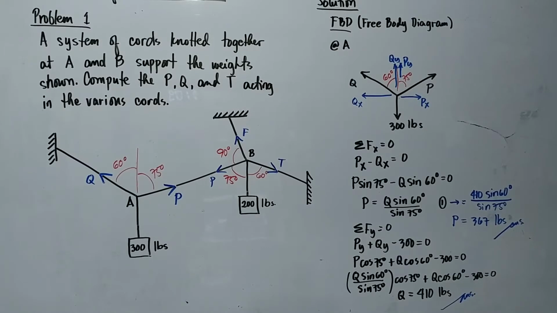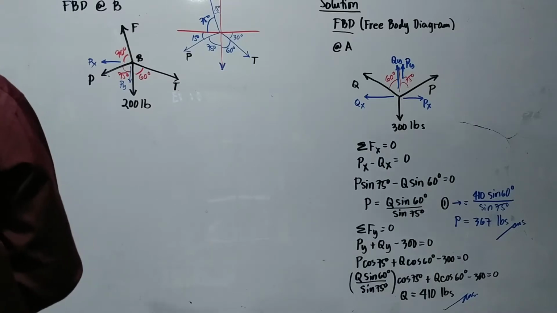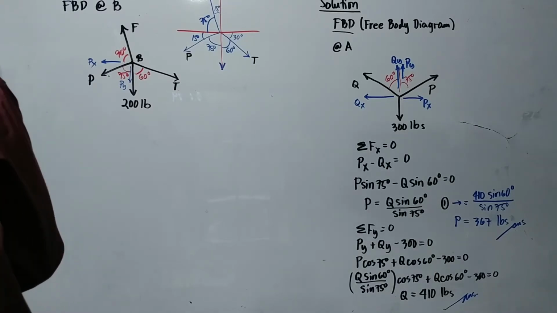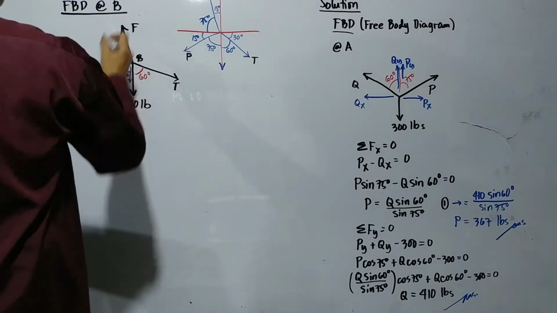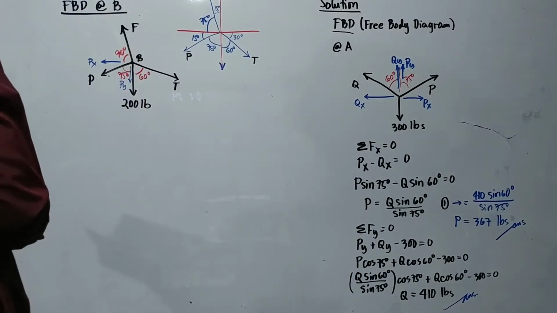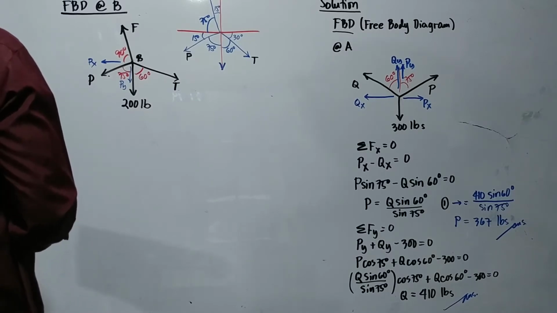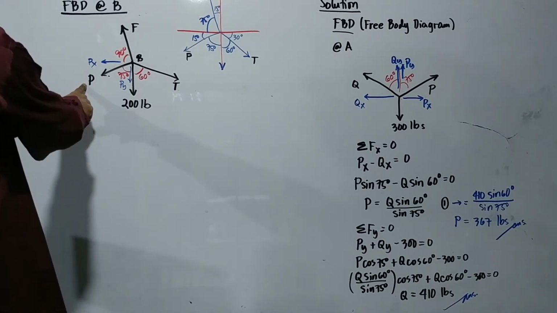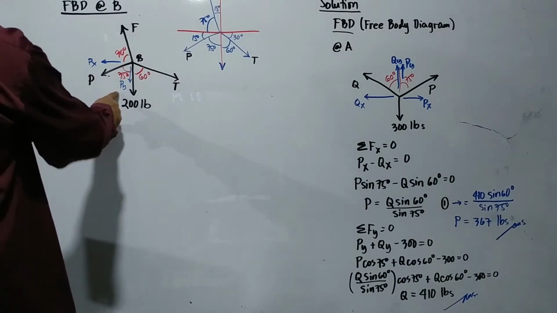Let's proceed to find our T. Consider point B. The free body diagram at B. So here we have force P, with the component Px and the component Py.